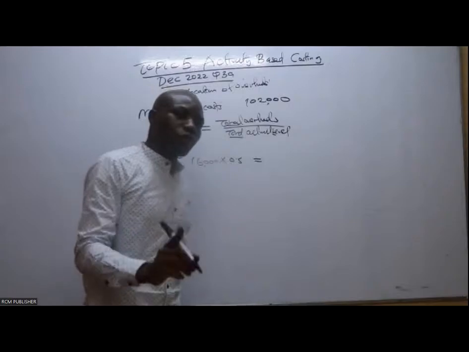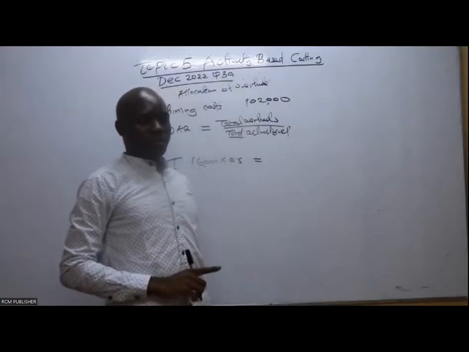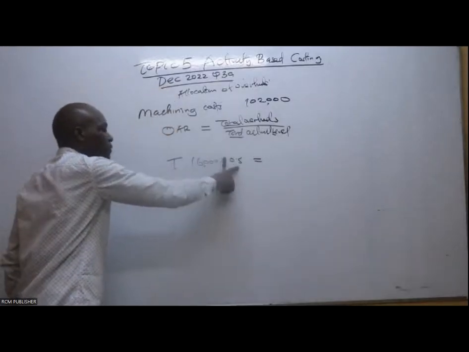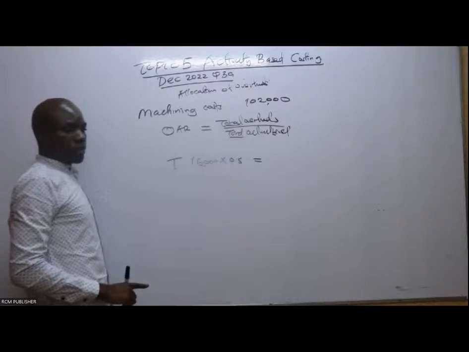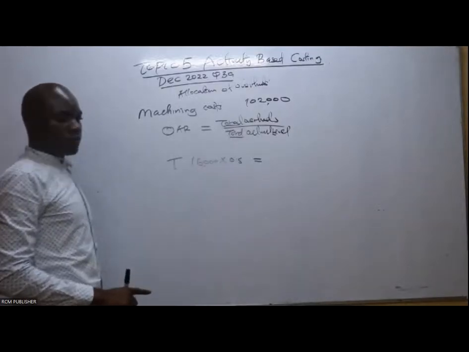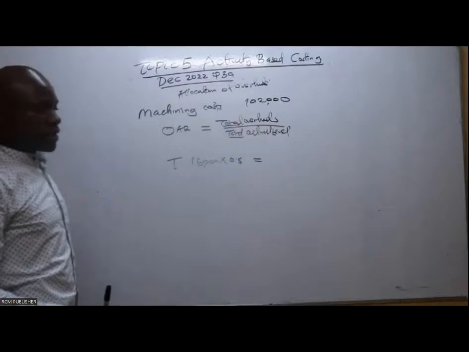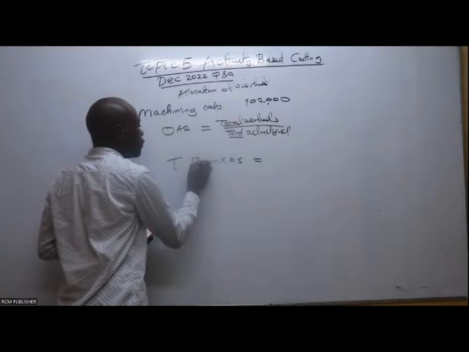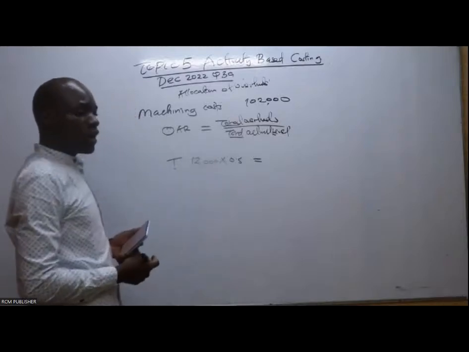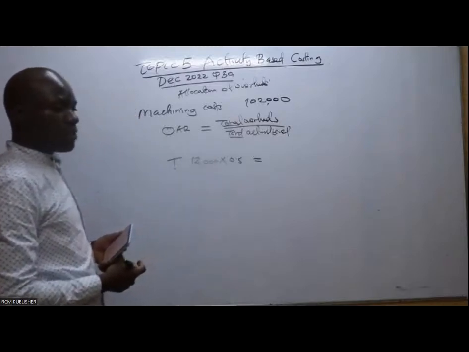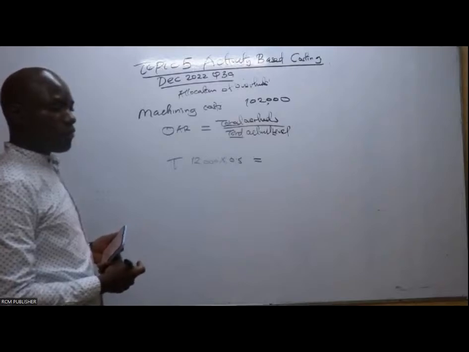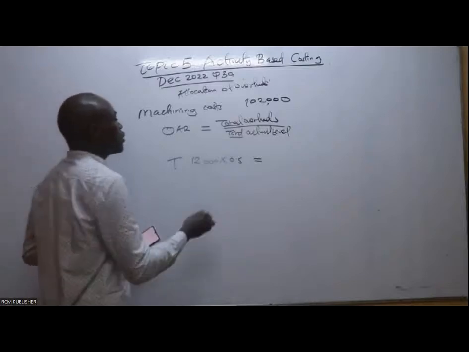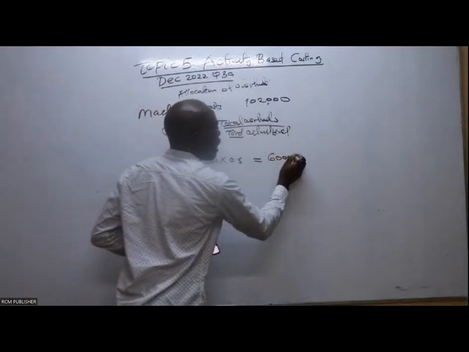That is 12,000 units by 0.5, which gives us 6,000 hours.